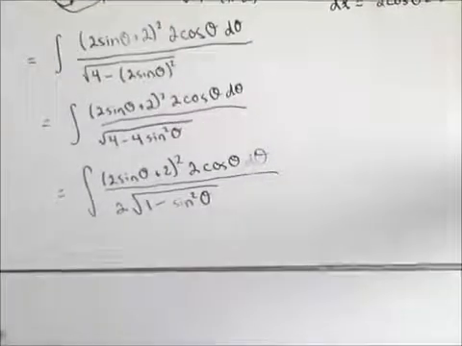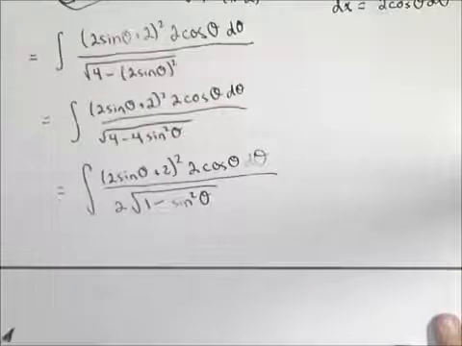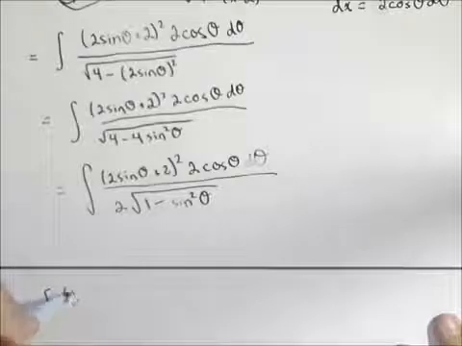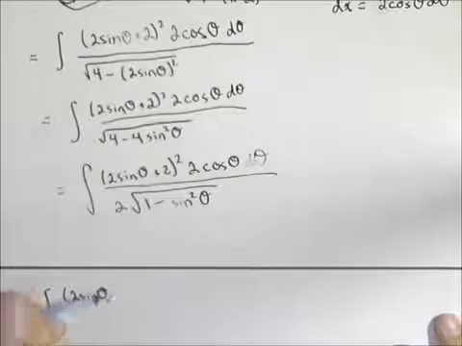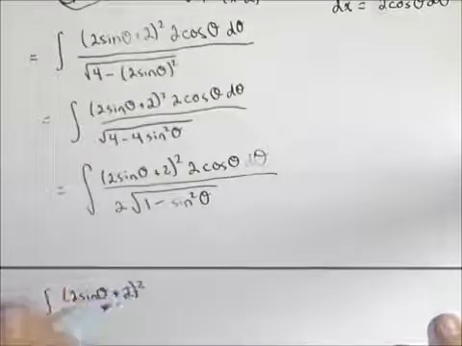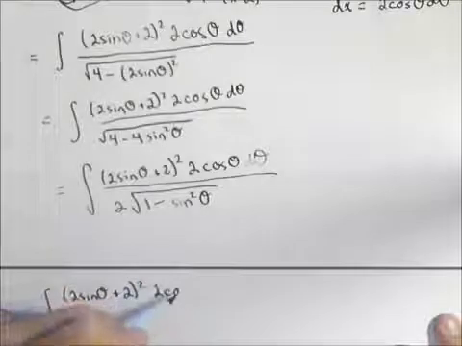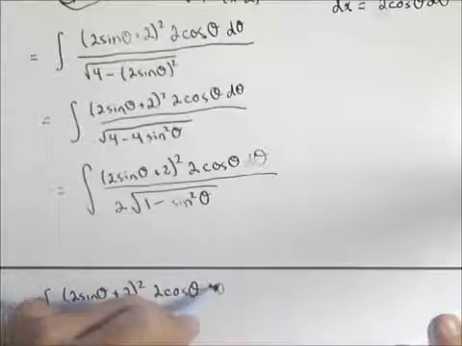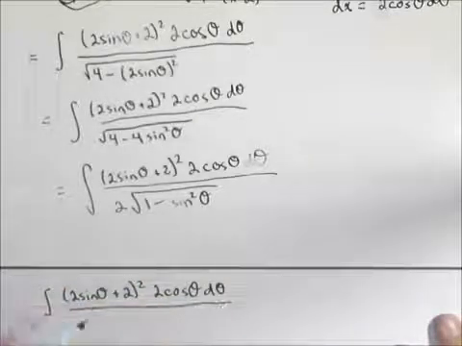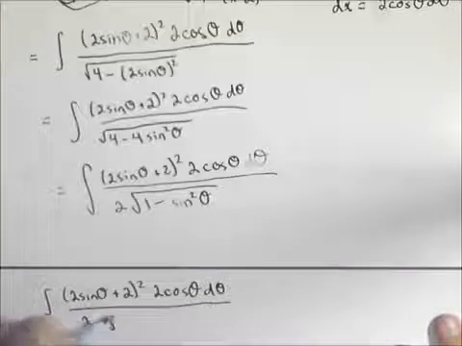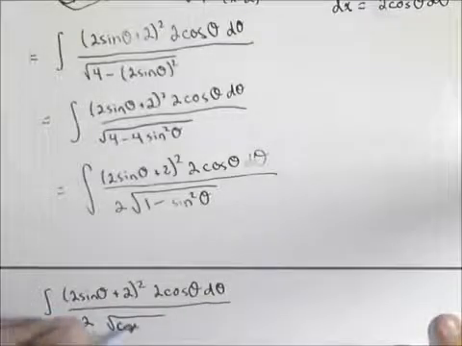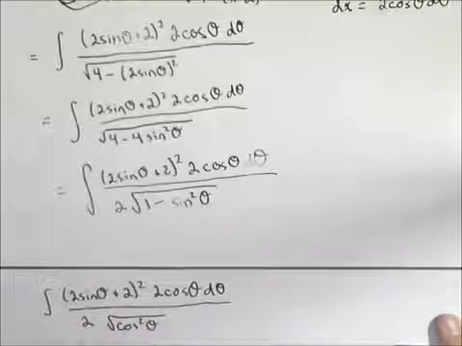So we have the integral of 2 sine theta plus 2 squared, 2 cosine theta d theta, all over 2 times the square root of cosine squared theta.